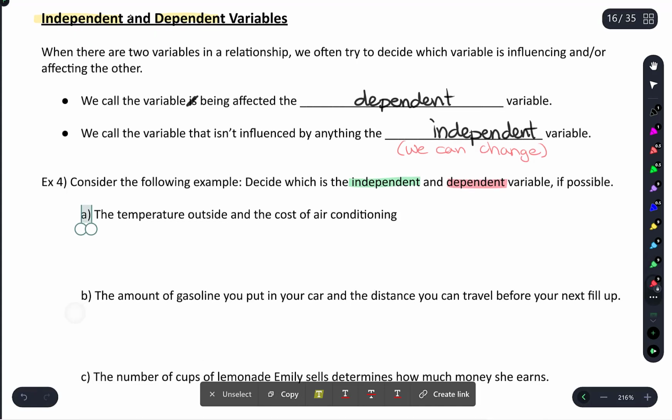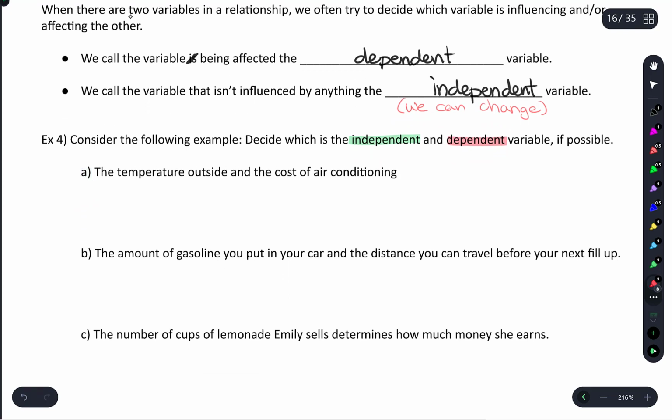Okay, so the temperature outside and the cost of air conditioning. So which one depends on the other? Does the temperature outside depend on the cost of air conditioning, or does the cost of air conditioning depend on the outside temperature? Well, I'm going to say that the cost of the air conditioning is the one that's going to change because of the outside temperature.